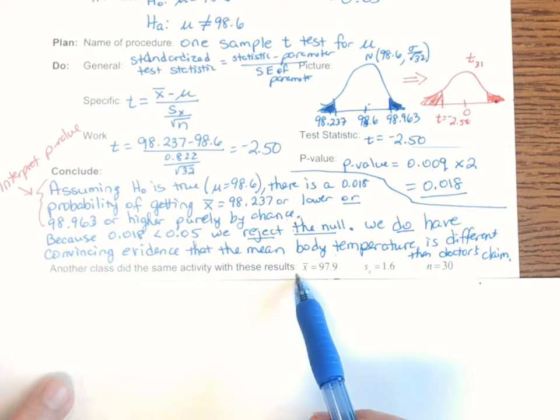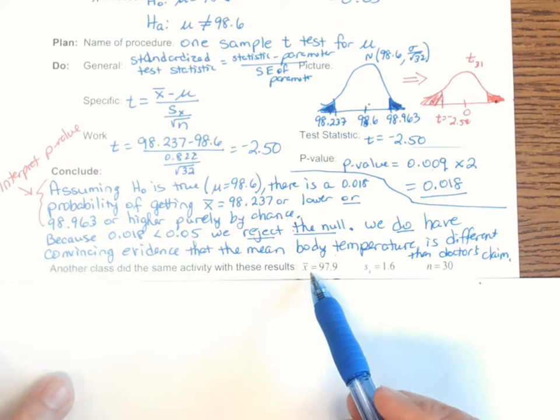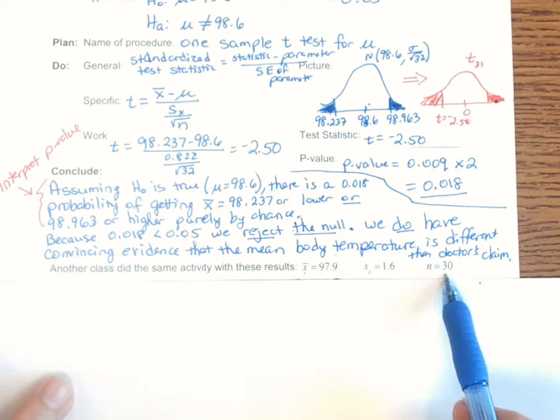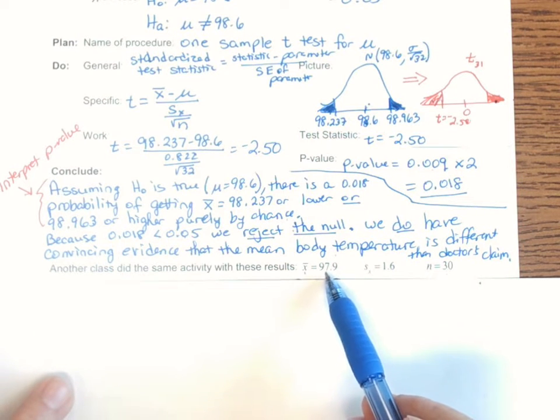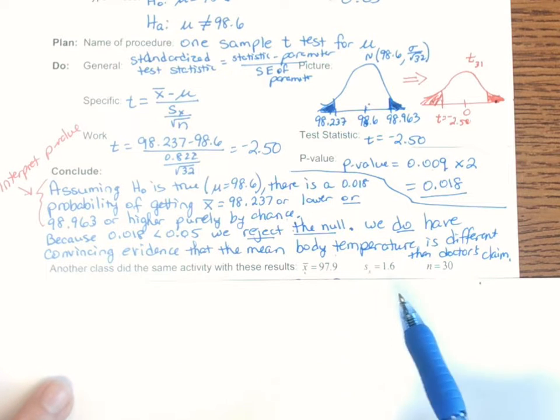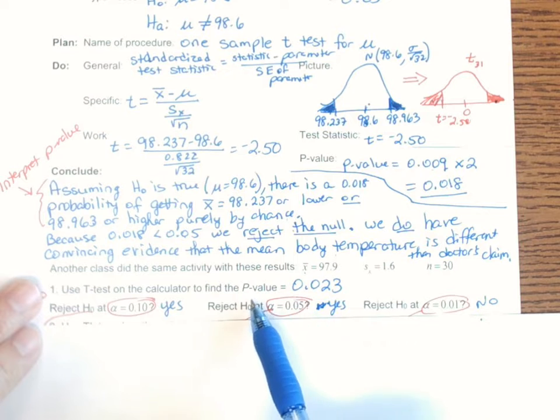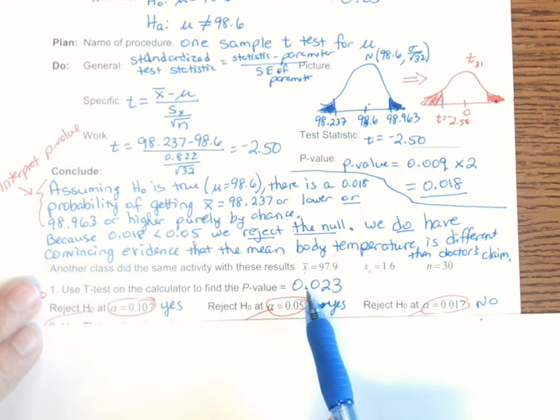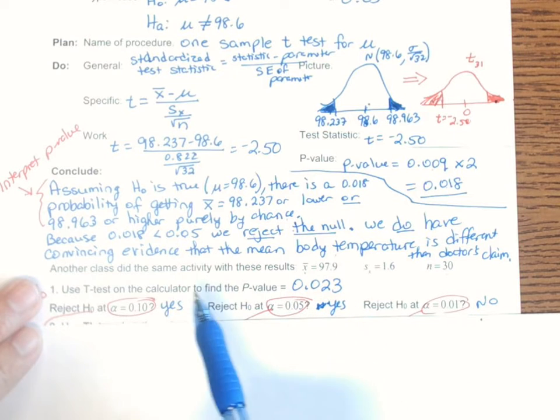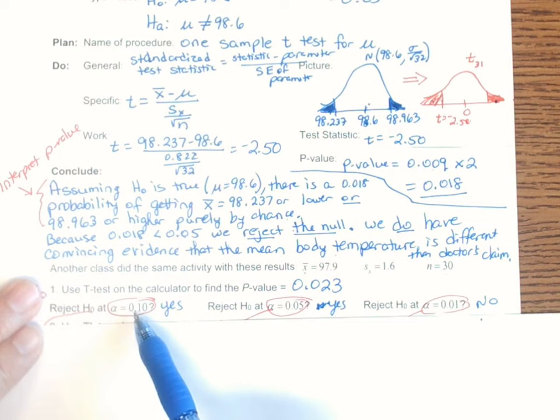And so if we repeated this with another class, and that class had 30 students, a mean of 97.9 and a standard deviation of 1.6, and we want to use the t-test on the calculator to find the p-value, when you plug that in, you get 0.023. So would we still reject the null at a significance level of 0.1?